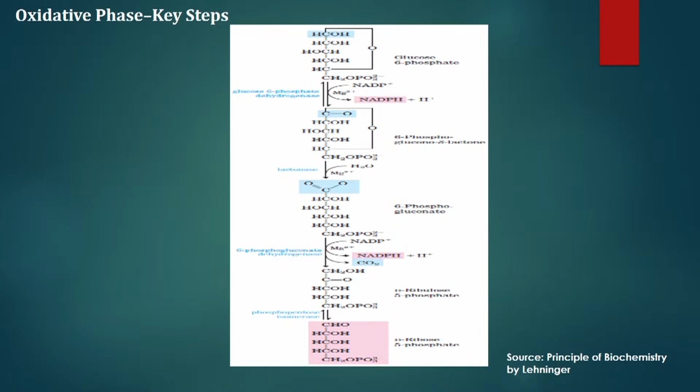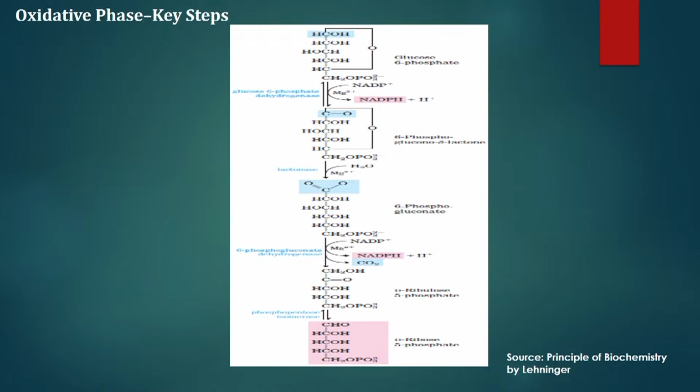So here you see the glucose 6 phosphate is converted into another intermediate, a 6 phosphogluconolactone molecule, in the presence of the enzyme called glucose 6 phosphate dehydrogenase.